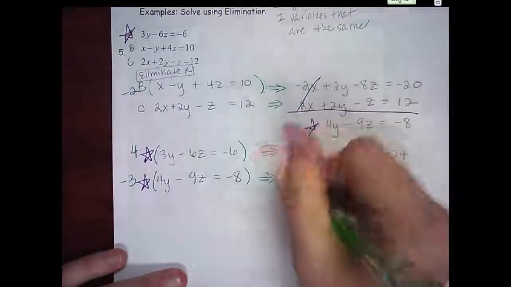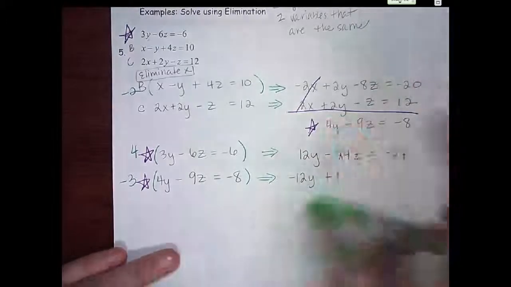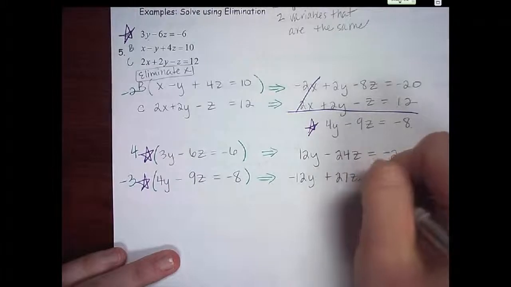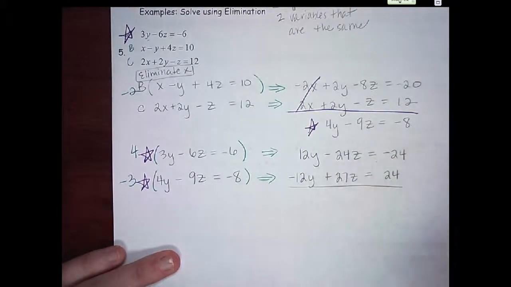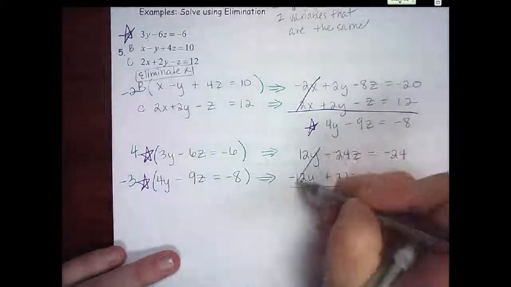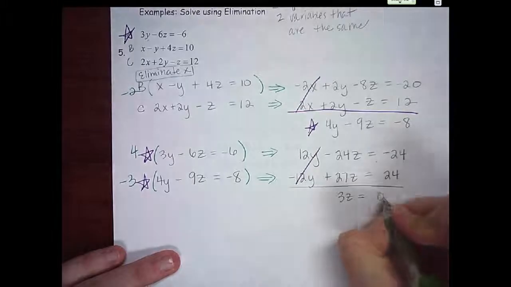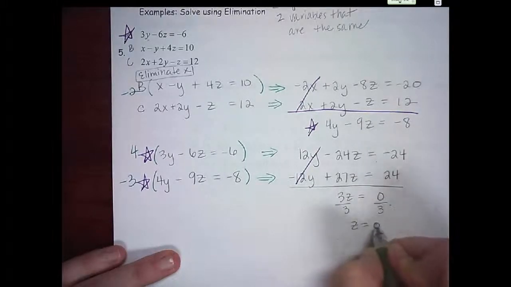And this one becomes negative 12y plus 27z equals 24. So the 12y's cancel. I get 3z equals 0. Divide by 3, z equals 0.